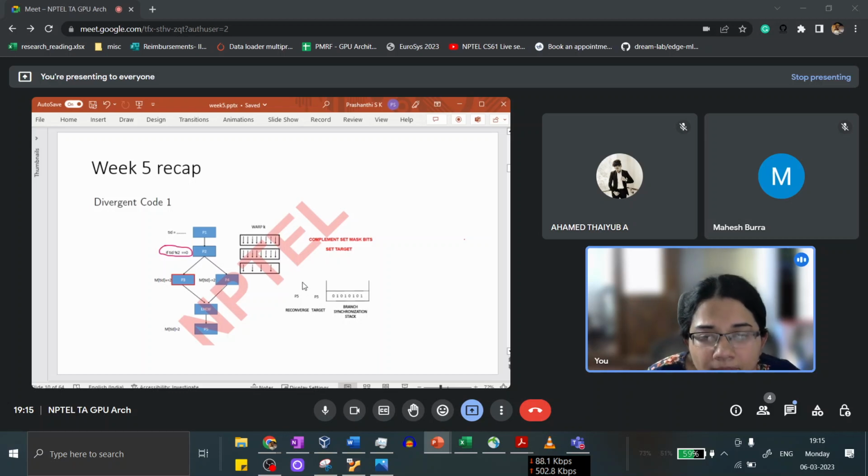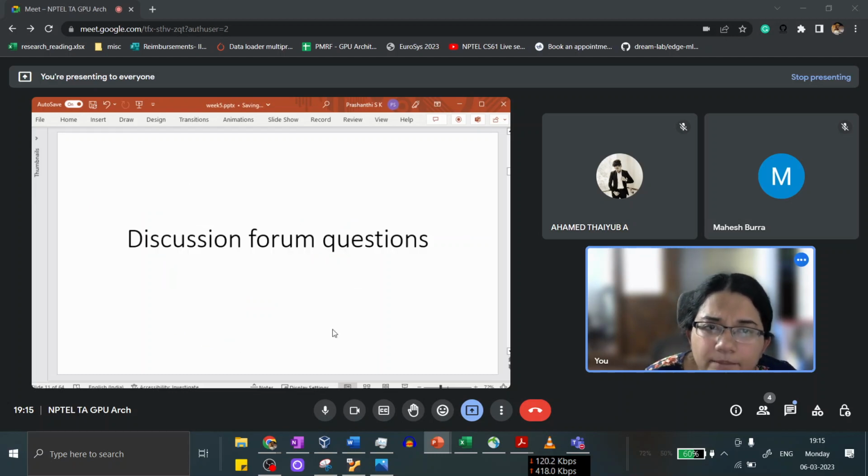The mask bits are set based on this condition. After this block executes, the mask bits are complemented so that the threads corresponding to the other branch execute. That's how divergence is handled. And then after this part of divergence, the flow converges again. So this is a simple example.